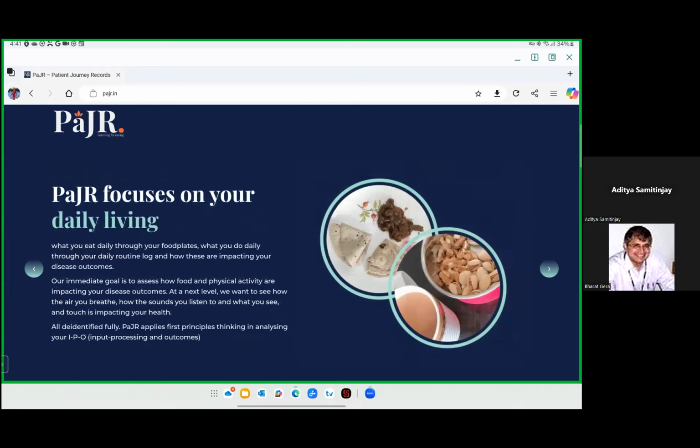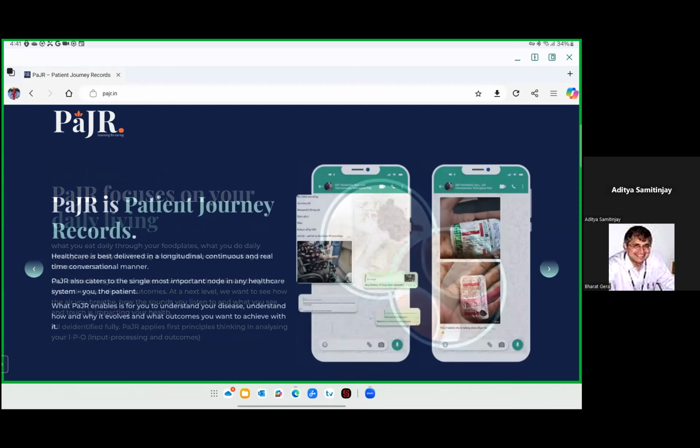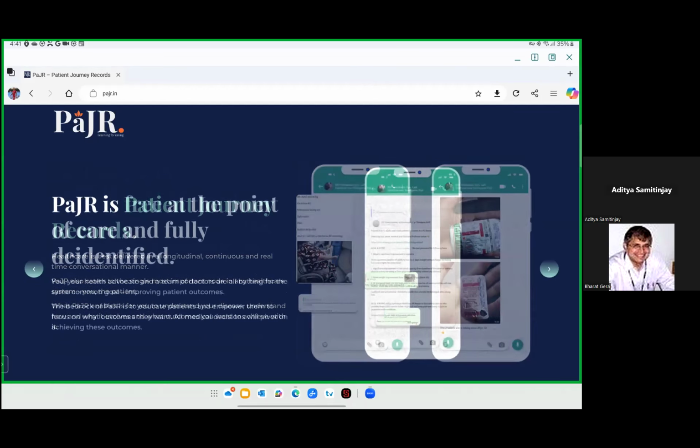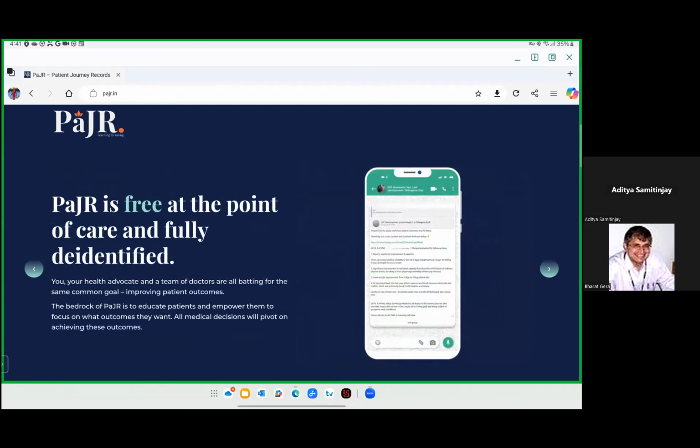A successful ecosystem in my eyes is basically open source. The famous Linux project is extremely successful, and open source, inviting people without boundaries, perhaps in my limited experience, makes for successful projects. So we have created this idea called Pager, which essentially is patient journey records.